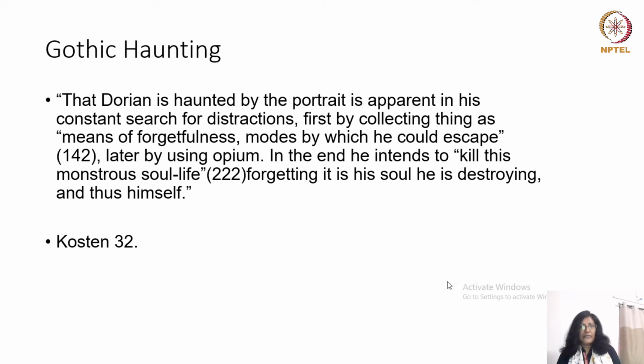Therefore he takes a knife to this portrait, which he thinks is something monstrous, a monstrous representation of his soul. In his attempt to kill the portrait, he ends up killing himself because he doesn't really understand that it is his own soul that he is attempting to murder. So Dorian destroys himself ultimately.